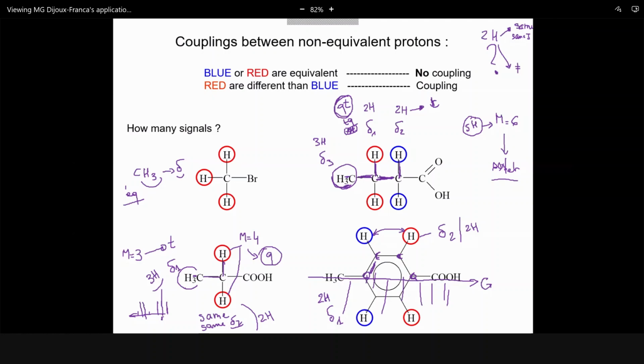I mean, this signal counts for two protons, the red one also, and I have the coupling only with one proton on the side, so each of them will be a doublet. So on the spectrum, I will have one doublet for the red one, another doublet for the blue one, and I can measure an ortho coupling, each of them integrating for two protons.